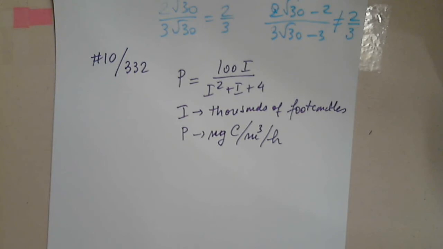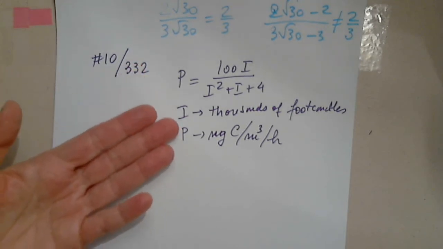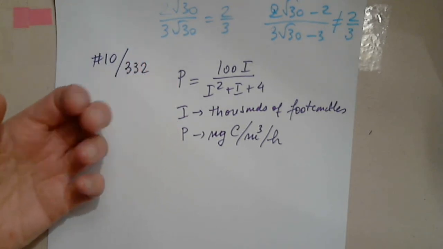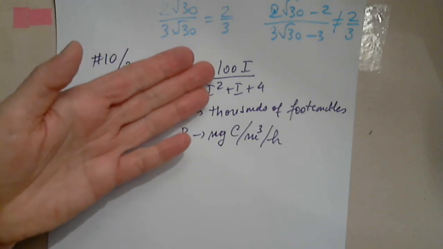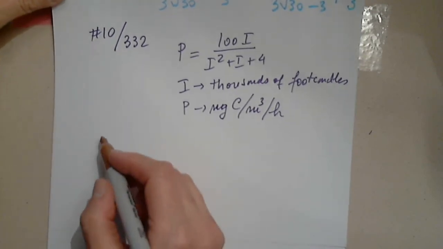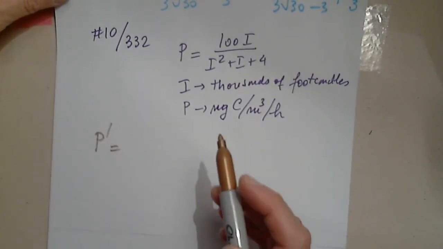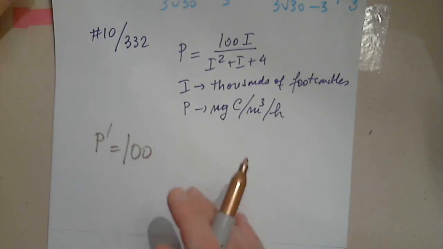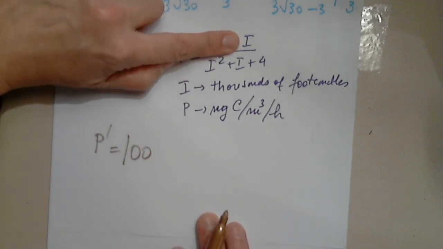What are we asked to do? We're asked to find for what intensity is P maximum. There is a function of only one variable, and we know how to handle that. So what do we do? Yes, so we find the derivative. Leave the constant outside, this constant, because it's a factor.